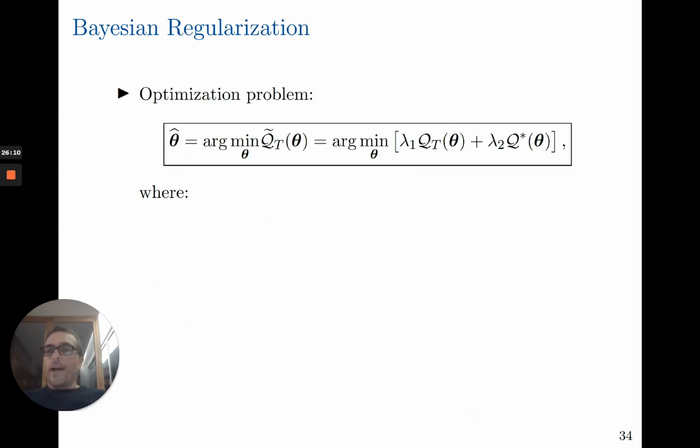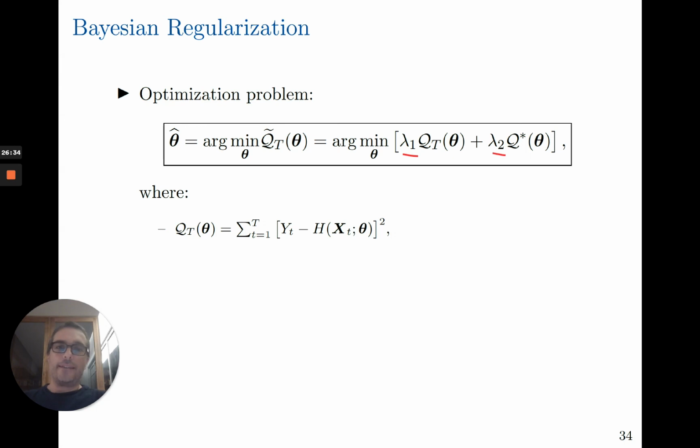All right. To wrap up, let's look at Bayesian regularization. Bayesian regularization is basically ridge applied to the neural network, to the shallow neural network, under the assumption of Gaussianity. So we have two regularization parameters.